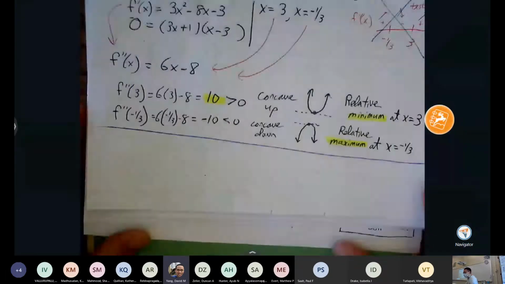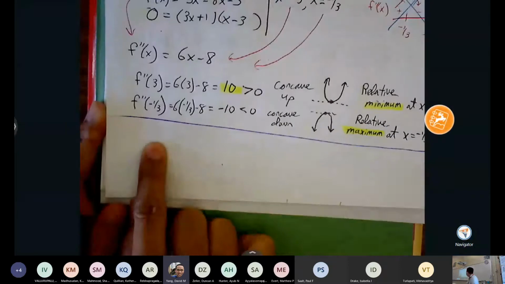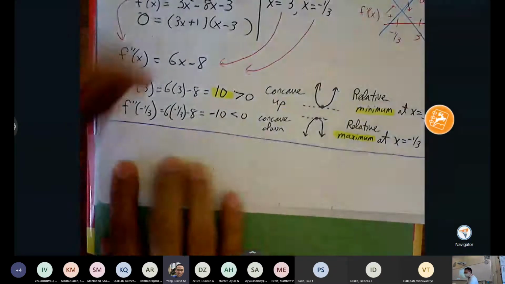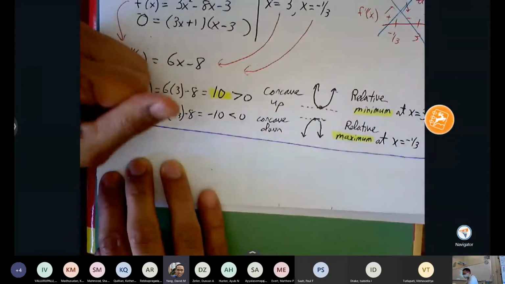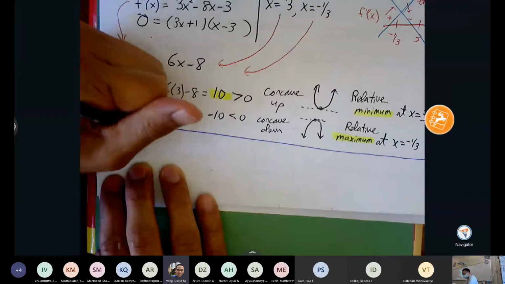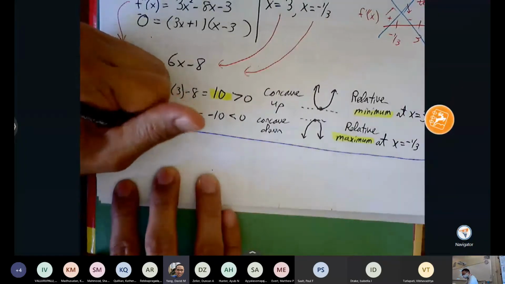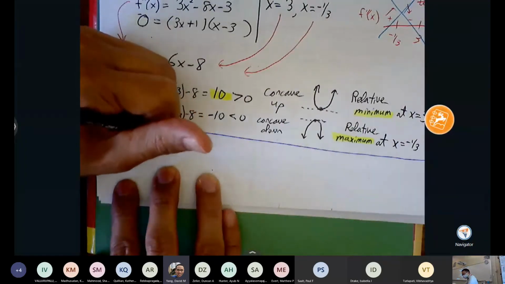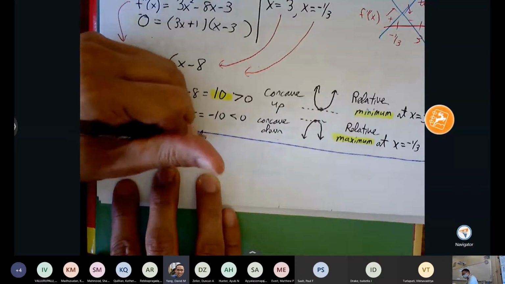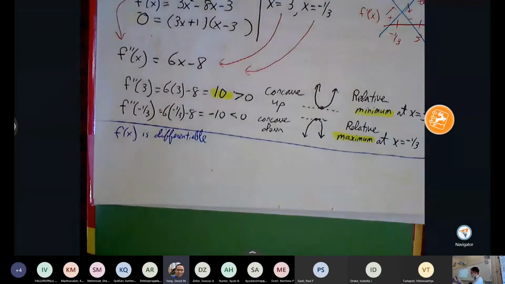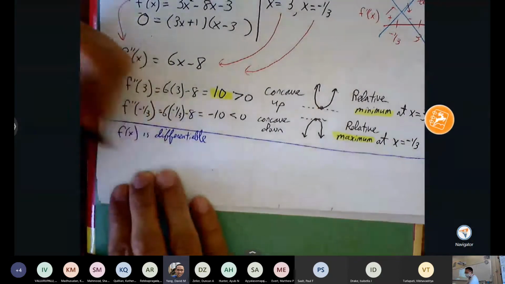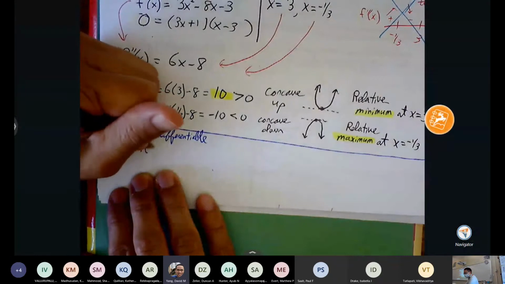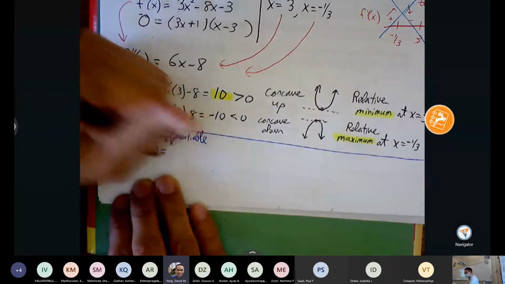So this example won't take a lot of space. If you guys just include it at the bottom of the page. Let's say our function is continuous, differentiable, which means that it's continuous. So let's say it's a smooth curve. And the only things provided for us are these three things.